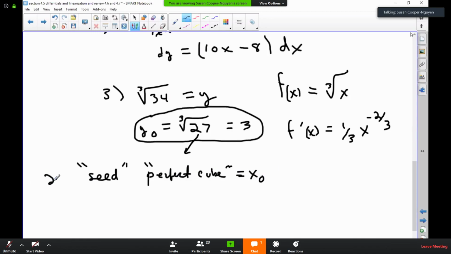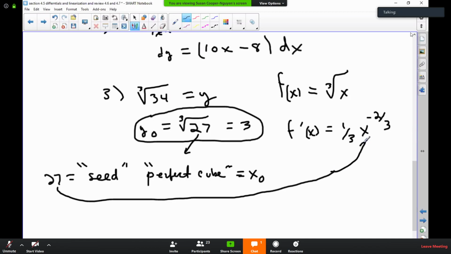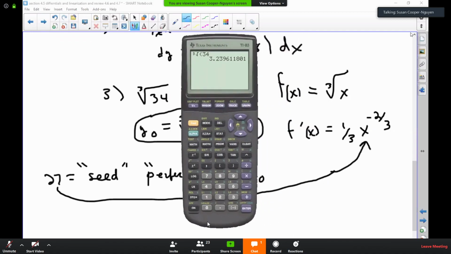27. So that 27 that I picked as my seed or my guess, my perfect cube that was near the original number, what happens if I take that 27 and put it right there? Well, we can crunch that out together.